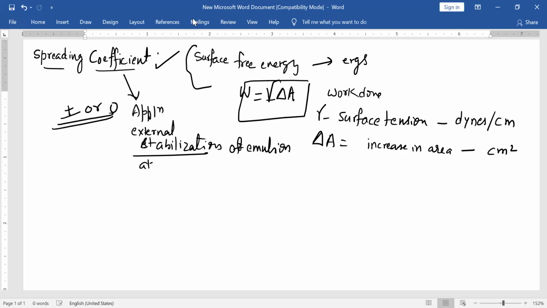And it also helps in absorption of drugs through skin.